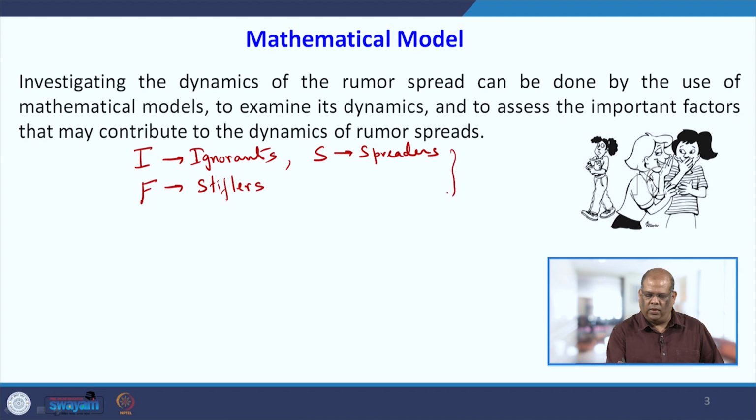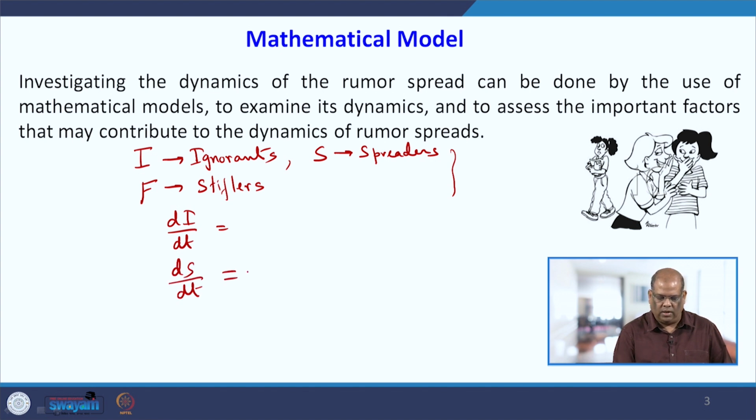With these three categories, we now form our differential equations. This is the rate of change for the ignorant who don't know about the rumor. This is the rate of change of the spreaders, and this is the rate of change for stiflers. We assume that there is a constant input of ignorant, let us call it lambda.